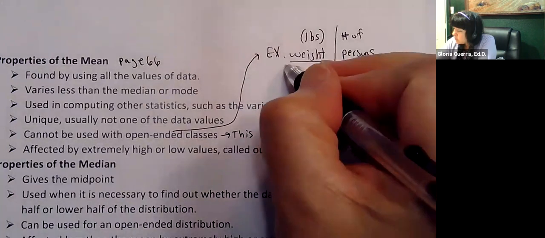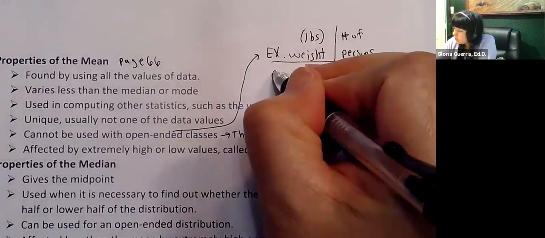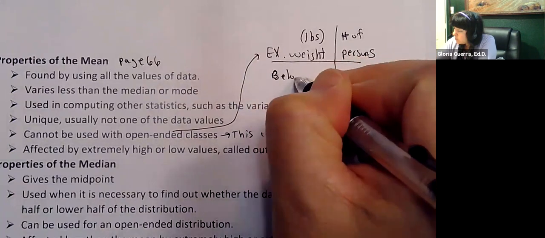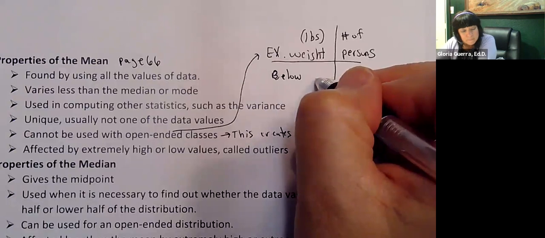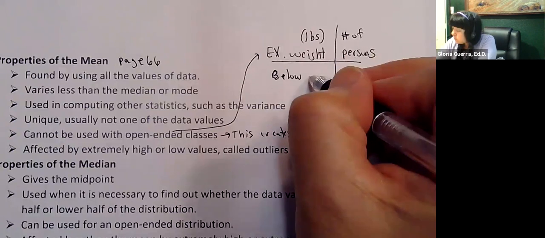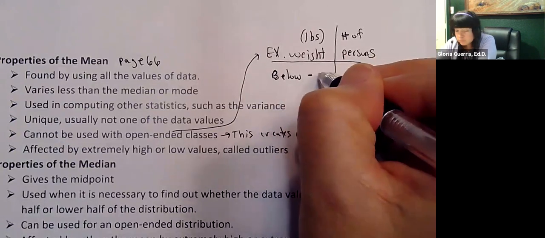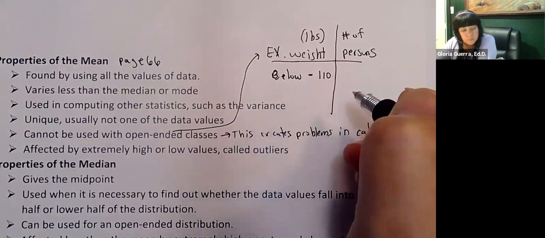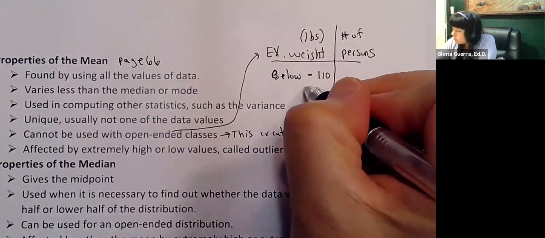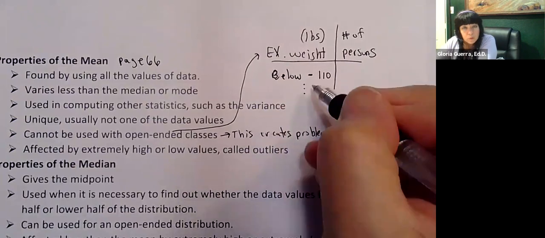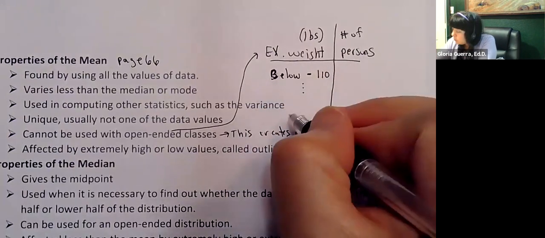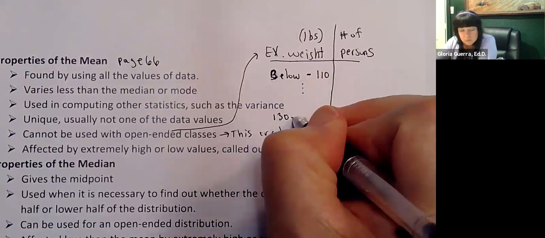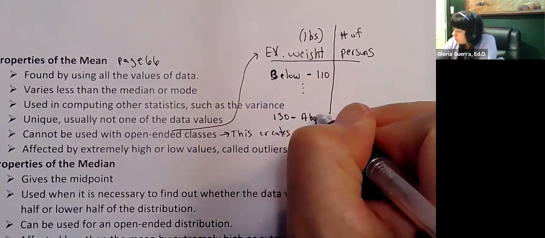Let's say I start off with below 210, or if I have all the way down to 130 to above, something above that.